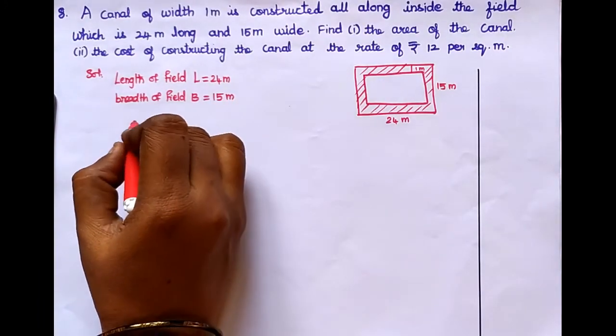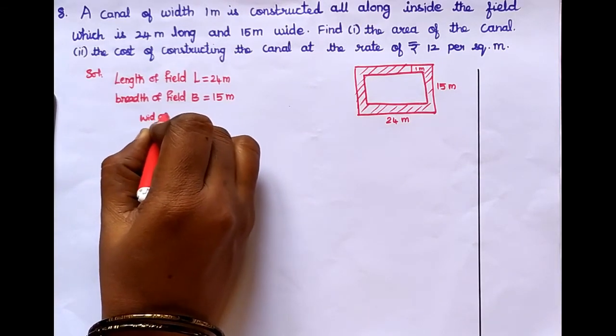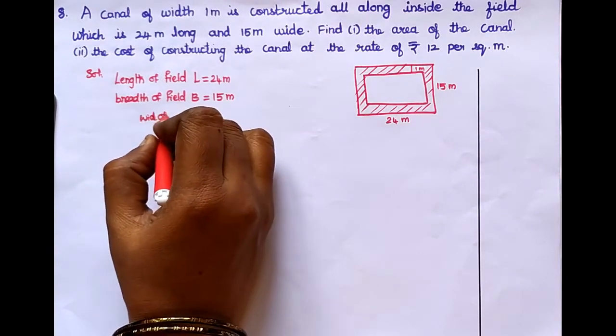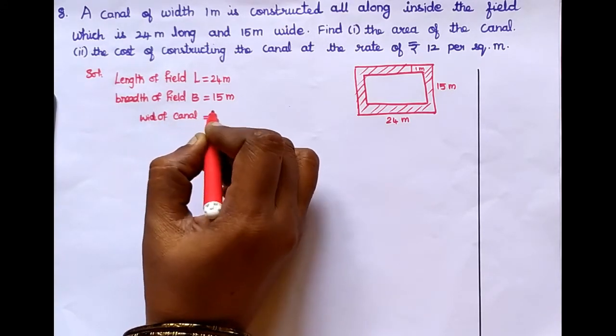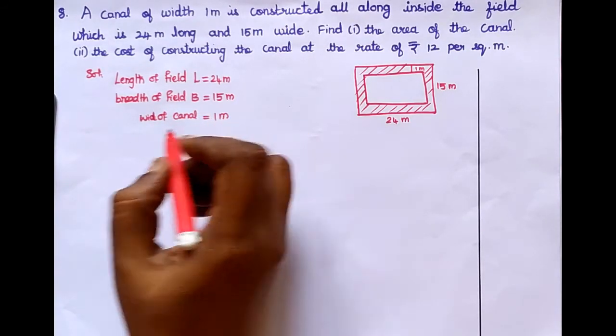Now they gave the width of the canal, equal to 1 meter.